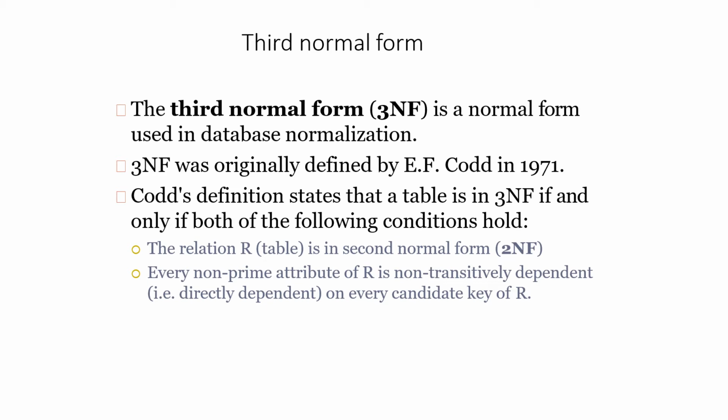Second condition, every non-prime attribute of R is non-transitively dependent on every candidate key of R. So understood? Every non-prime attribute of R is not transitively dependent on every candidate key of R.